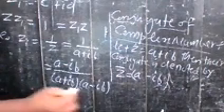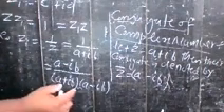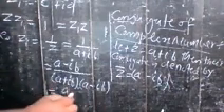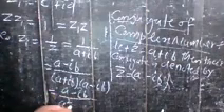Now if you multiply, applying the identity of a plus b and a minus b, here you have 1 minus ib upon a square minus i square b square. And you know the value of i square is equal to minus 1.